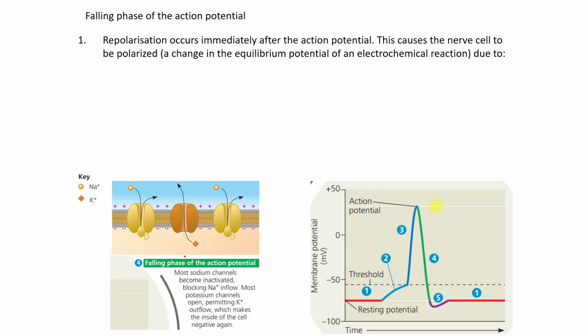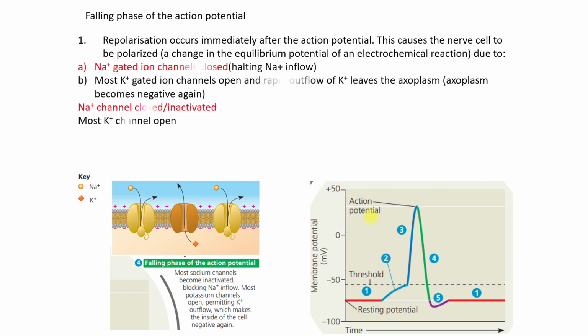Now how does repolarization cause this? First, sodium ion gated ion channels are closed, right? It started from here. So this will prevent, or halt, the inflow of sodium ions from the extracellular fluid into the exoplasm.